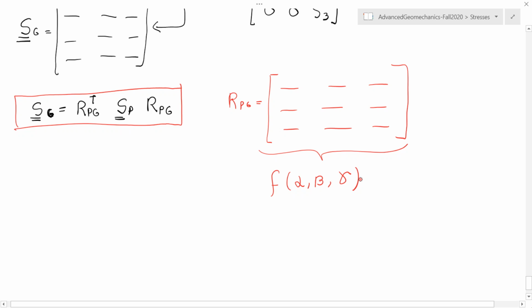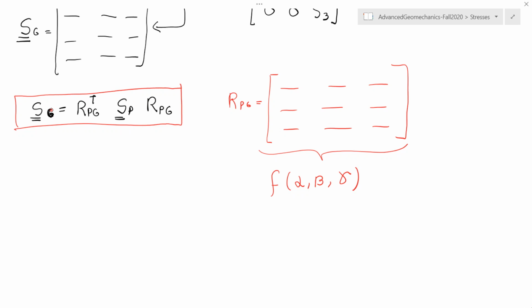But remember, what we're going to do is we're going to write the stress tensor going from the principal directions into the coordinate system utilizing north, east, and direction down.